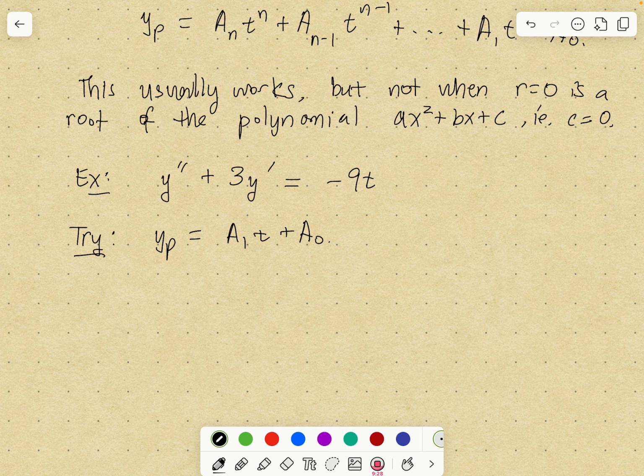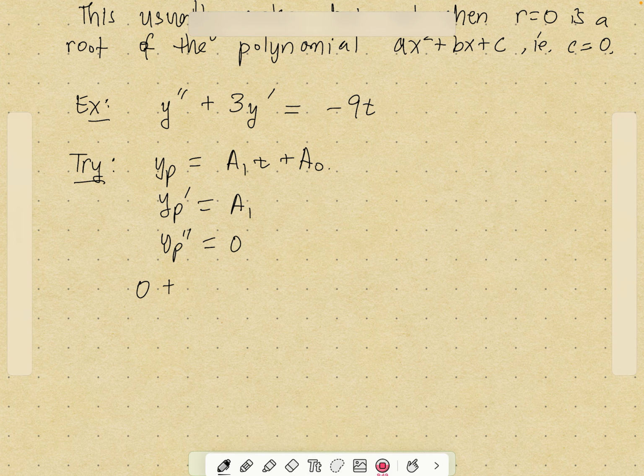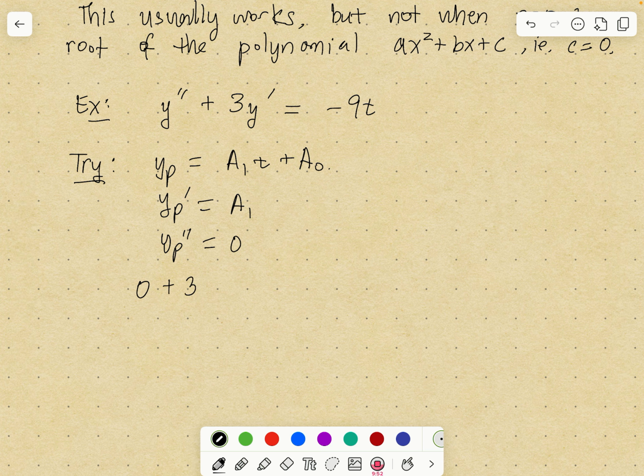Okay, and then we try the same thing. We figure out what we get on the left, we match it with the thing on the right, and then set the coefficients equal, and then solve. Well, when you do it, your derivative is a1, and your second derivative is 0. Now when you plug it in, you're going to get 0 plus 3 times y prime, that's a1, equals negative 9t.